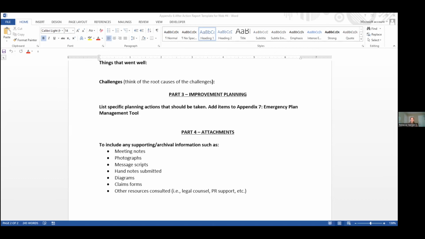If you want to revisit part of your emergency management plan, you want to work on the communication section, on how you notify people, that's the kind of thing you can put in here, and you would identify these different actions, what the priority is, who is assigned to try to put these into place and to start making these changes happen. And you can put in other details as well.